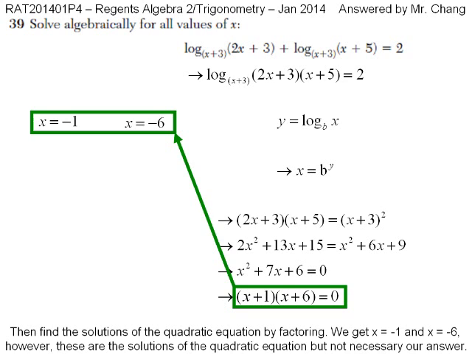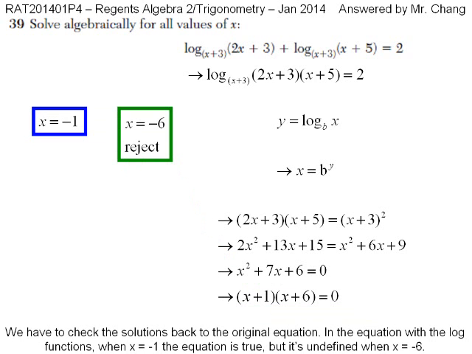We get x equal to -1 and x equal to -6. However, these are the solutions of the quadratic equation, but not necessarily our answer. We have to check the solutions back in the original equation. In the equation with the log functions, when x equal to -1, the equation is true, but it is undefined when x equal to -6.